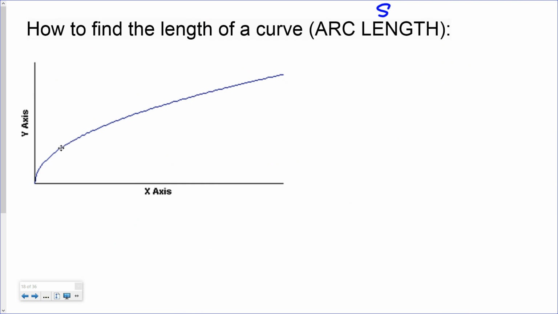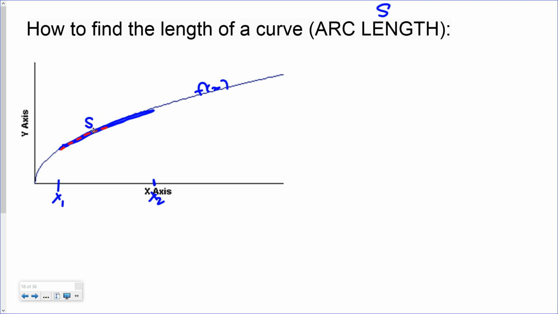And what S really is, if this makes sense, it's this. If I wanted the length of this line right here, let's say this part of the f of x, if I wanted the length of that from x1 to x2, that would just be some length s. Do you agree that this length s is really just the sum of all these lengths?